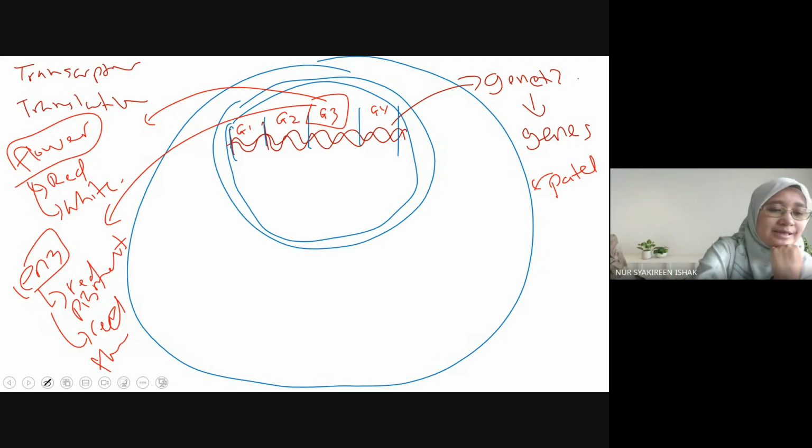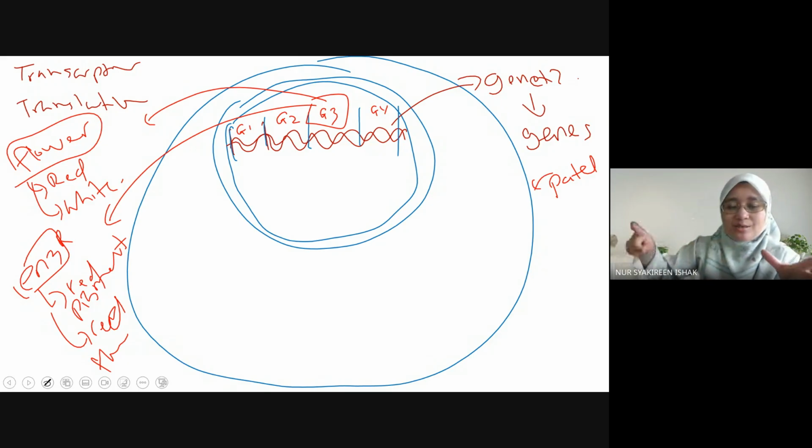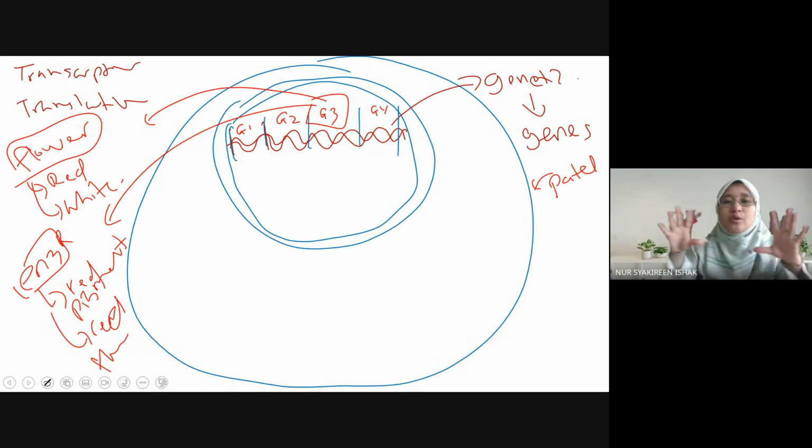We call it enzyme R, for example, which is involved in the synthesis of red pigment later. So we only want the information from gene 3, because your DNA is a really large molecule that stores many other pieces of information that are not required at that point.